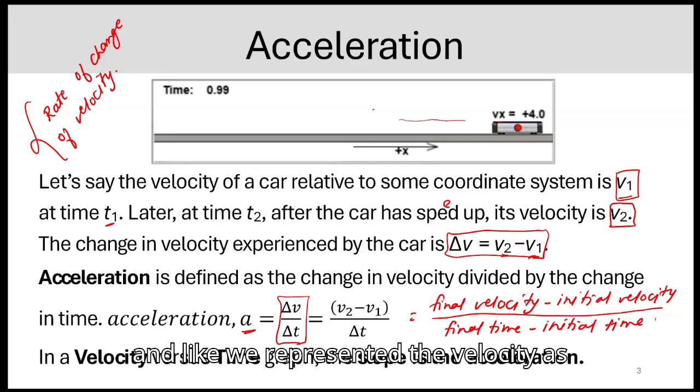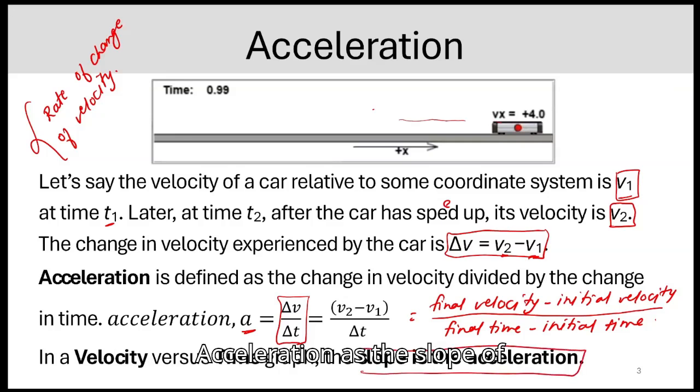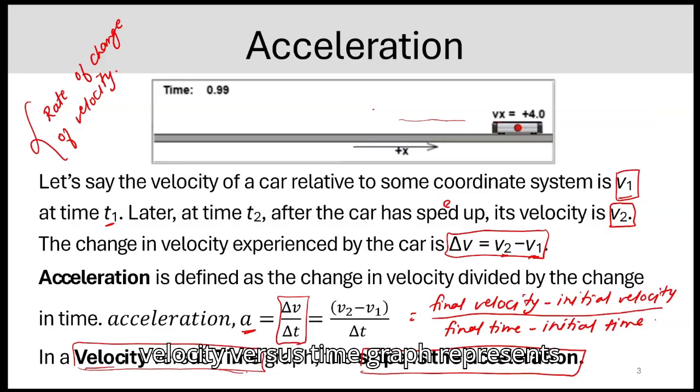And like we represented the velocity as the slope of the displacement versus time graph, we can also represent the acceleration as the slope of the velocity versus time graph. We have to mention that the slope of the velocity versus time graph represents acceleration.